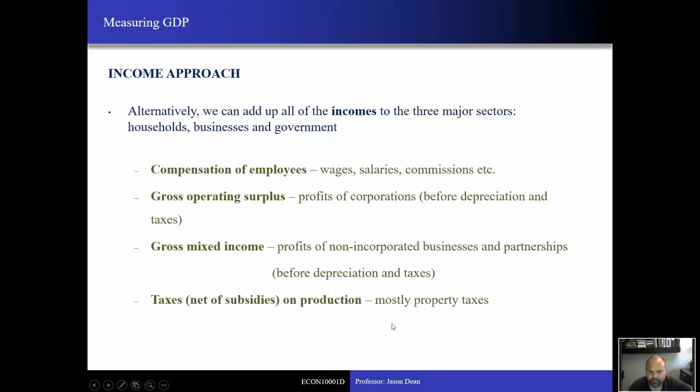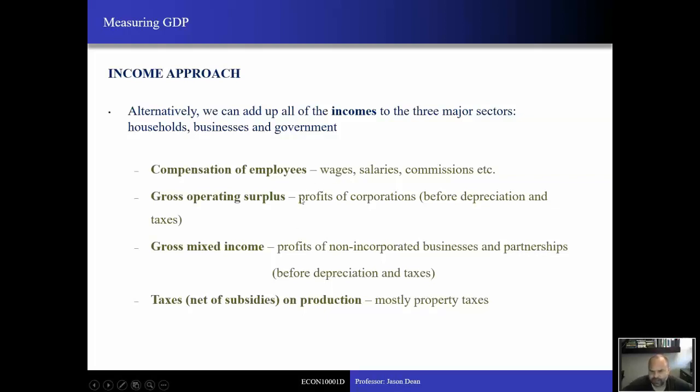And then we're also going to add in taxes net of subsidies on production. A lot of this would be things like property taxes. Now, if we're thinking of income taxes, we don't need to separately add that because we're not taking it out here. Here we're thinking of your gross amount on your paycheck, not the amount after taxes.